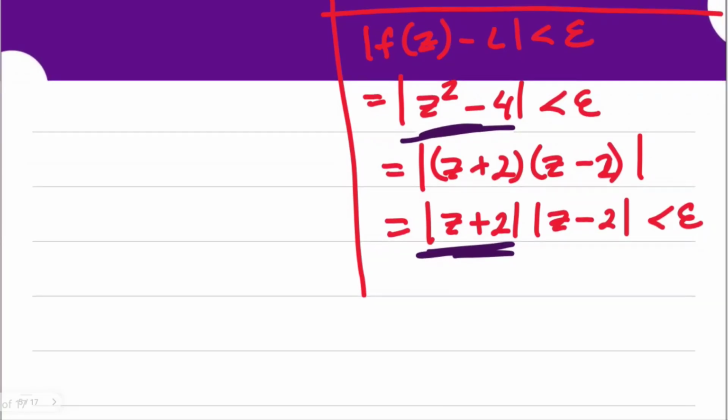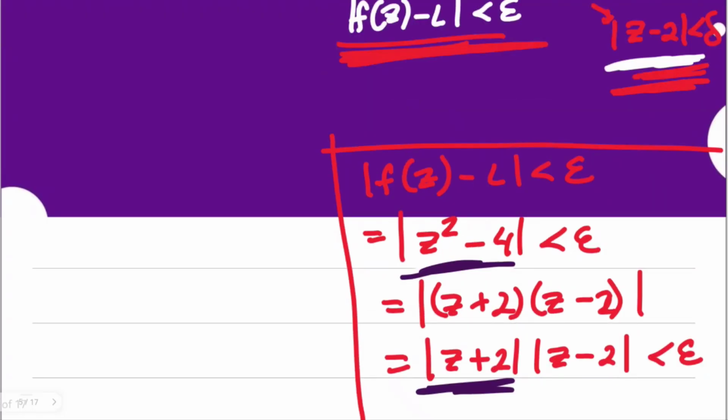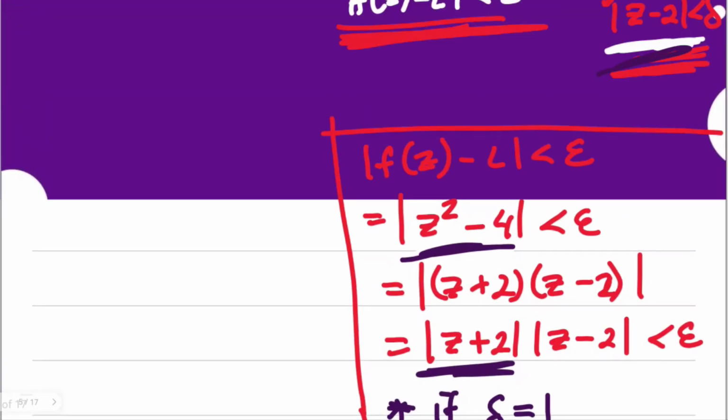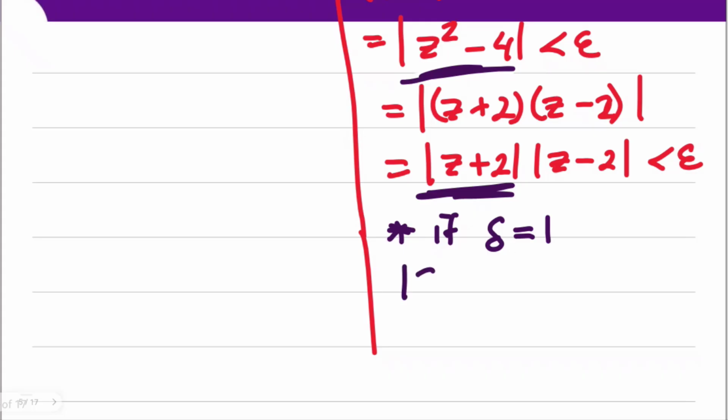So allow me to make some assumptions first for our delta. Since we have this representation, it's very obvious. I'm going to insert some concept here. If delta is equal to 1, that would mean the absolute value of z minus 2 is less than delta, which is equal to 1.